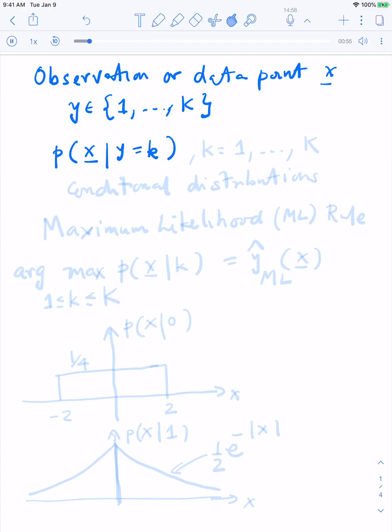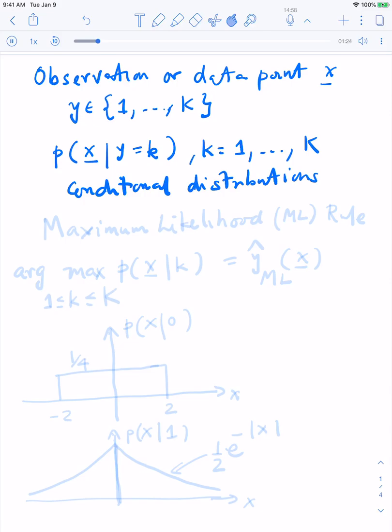You could get this model through physics, if it's a physical system, through engineering intuition. There are many ways in which the model can arise. But suffice it to say, you are given all these so-called conditional distributions, the conditional distributions or densities of the data given the class.